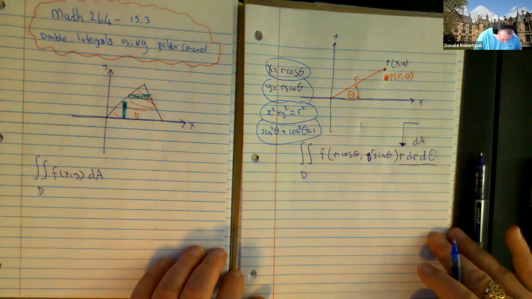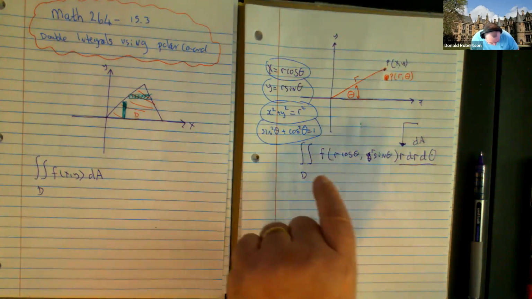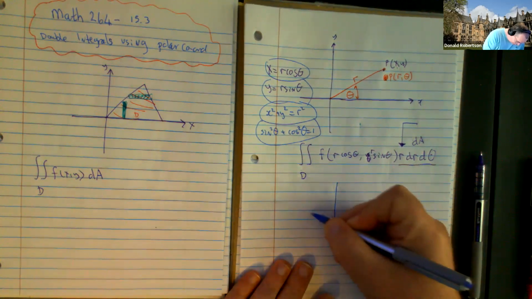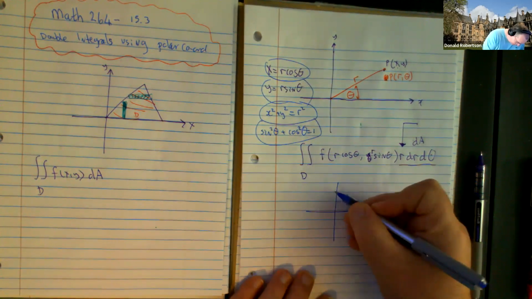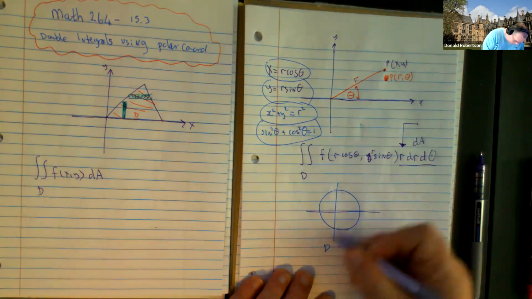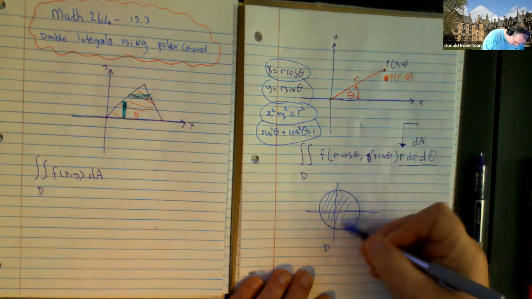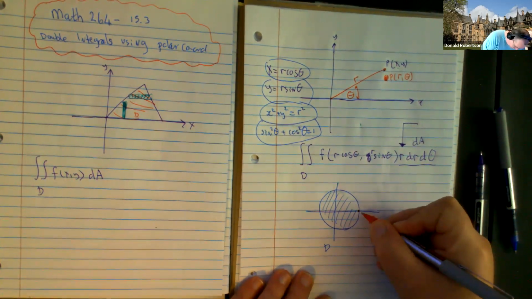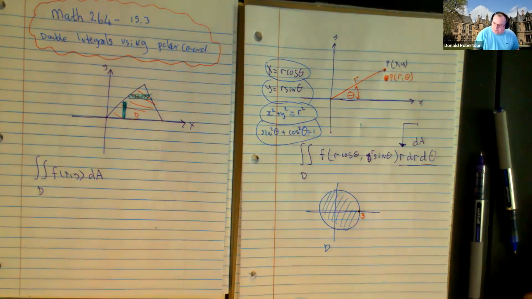So what is the last piece of the puzzle? The region D is going to be a region. It's not a straight line. So let me show you some examples of D and what they look like. Imagine D was all the points in a circle of radius 3. Right.